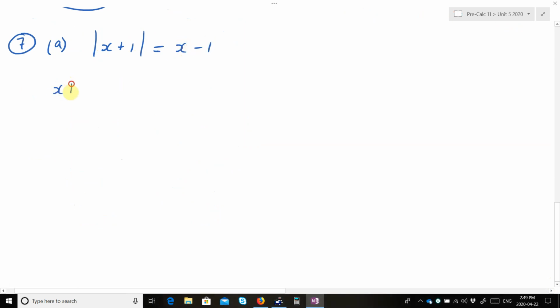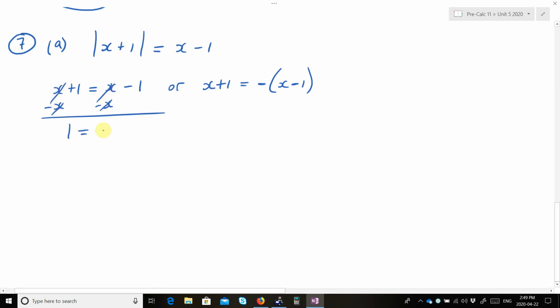So the two equations are x plus 1 equals x minus 1, or the x plus 1 could work out to the negative of the right-hand side, and then absolute value would make it positive. In the first equation, if we try to solve this, we are going to get 1 equals negative 1. Therefore, there is no solution.